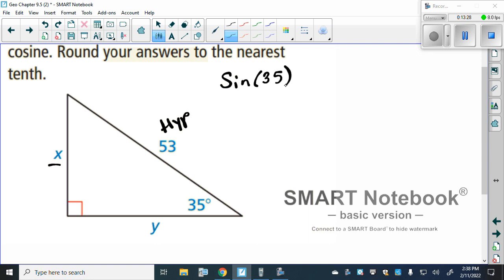Because sine of 35 degrees is equal to the opposite over the hypotenuse, and the opposite side length is x, and the hypotenuse is 53. So the first thing we can do in solving is, what is it?